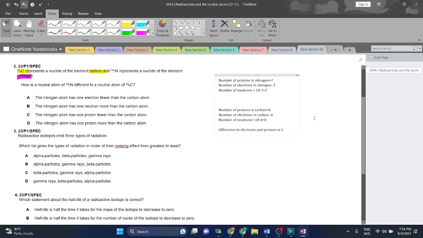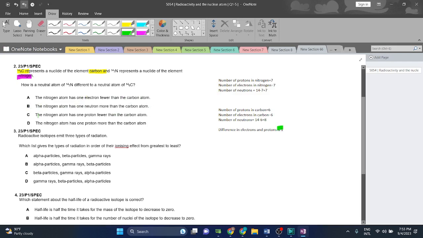So what is the difference between all of these values that we calculated? There is a difference of one electron or proton, whatever is in the question. So that is the main difference. The nitrogen atom has one electron fewer than the carbon atom. The nitrogen atom has one neutron more than the carbon atom.